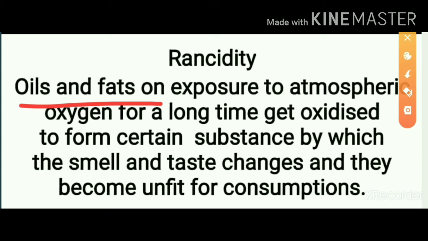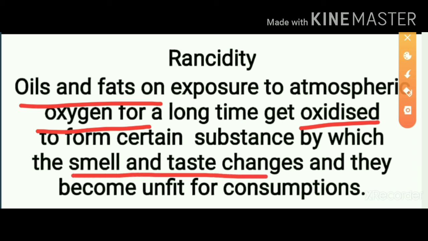When oils and fats are exposed to the atmosphere for a long time, atmospheric oxygen reacts with them and they get oxidized to form certain substances.